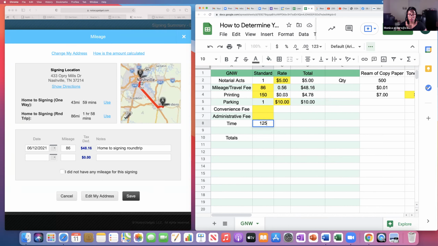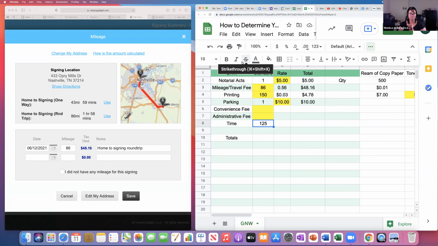Exactly. That's a very good point, Diana. Thank you for bringing it up, because there are going to be those one-offs where prices fluctuating on certain pieces of our supplies are going to go up and down. But if you're using this pricing model that I'm teaching you how to use, you've already built those fluctuations into it.